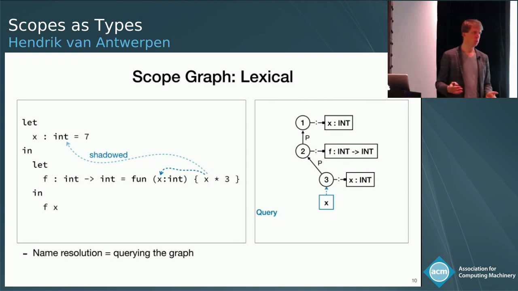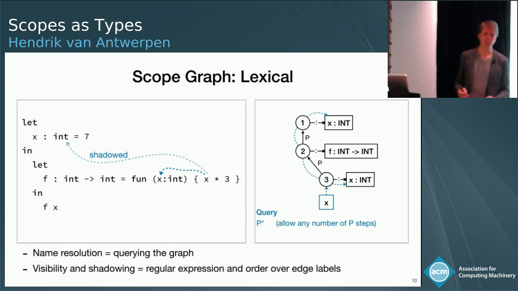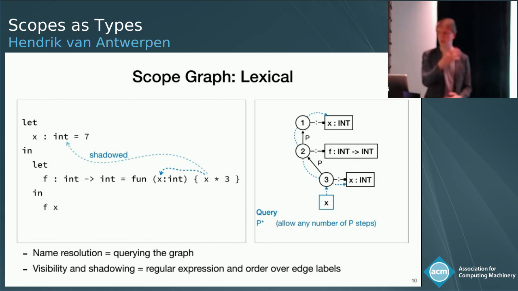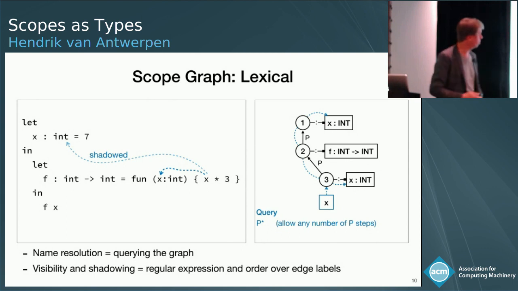In this case, of course, we want to be able to resolve names in the lexical context. So we can describe that using a regular expression, which tells us that we can step to any scope that is reachable with these P edges that tell us where the lexical context of this particular scope is. But of course, now we have two possible paths in the graph, right? Because we can go to the x in scope 1, which is the one from the let here, and we can go to the one in scope 3, which is the parameter that is bound by the function.